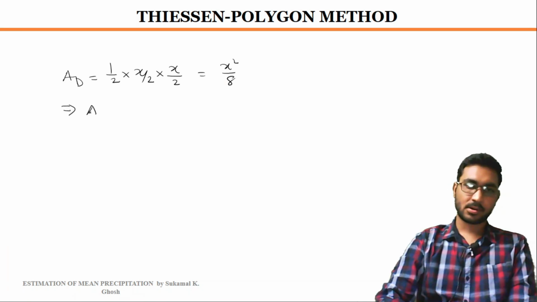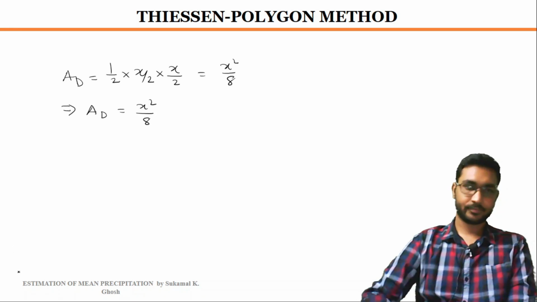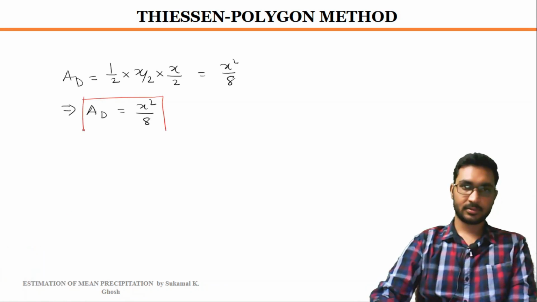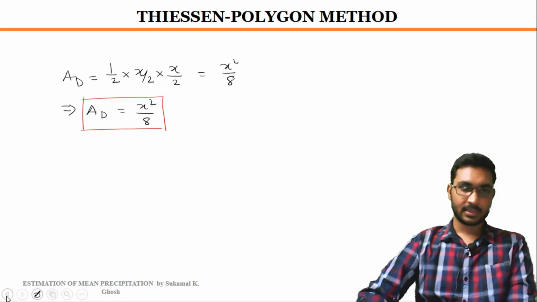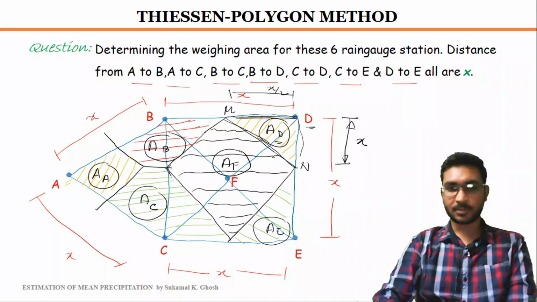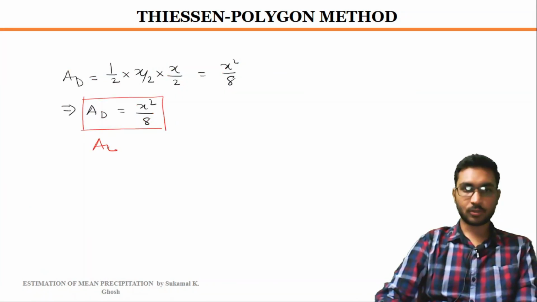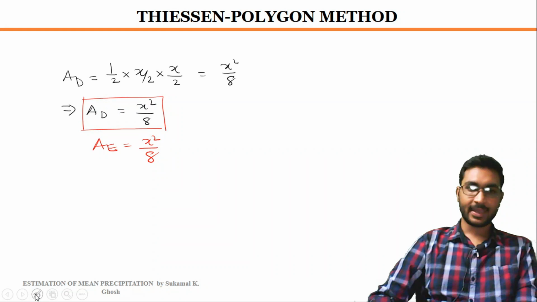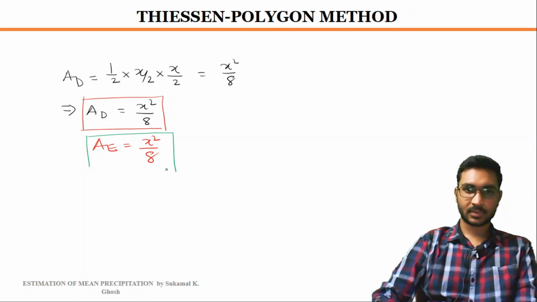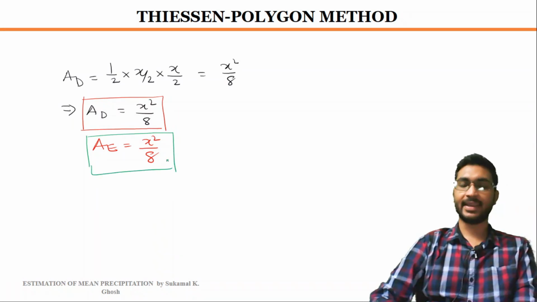So the area AD will be x square by 8. Now you may observe from this figure that AD is equal to AE. So AE is also x square by 8, because AD and AE are the same.